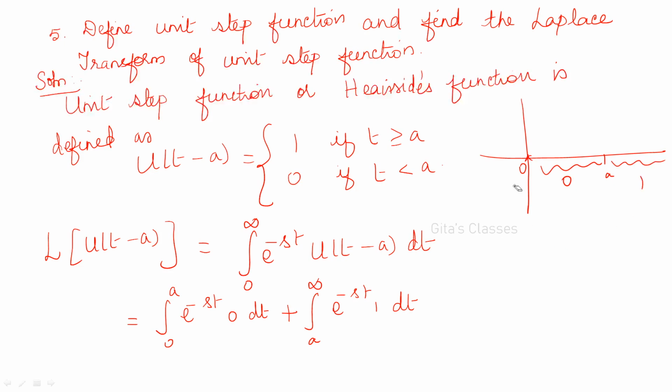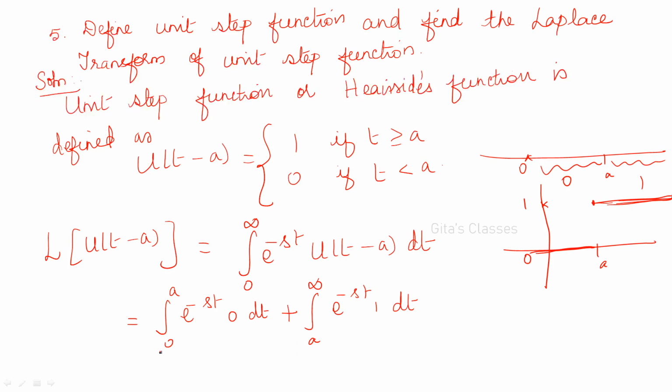So if you want to draw the graph, from 0 to a it is 0, and a to infinity it will be 1. If you define this as 1, so from a it is 1. So this function is known as unit step function.